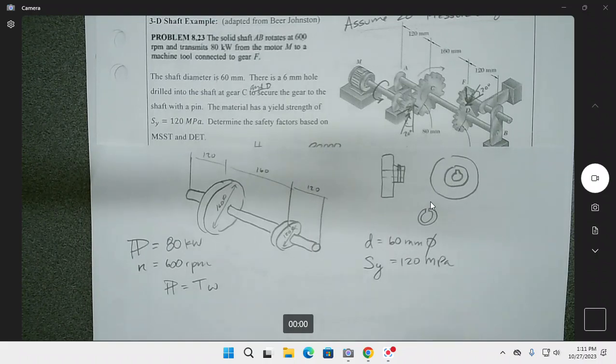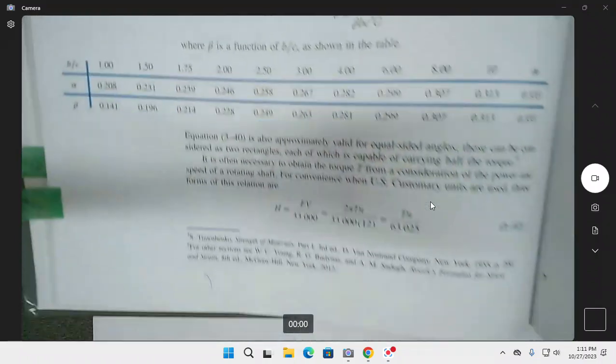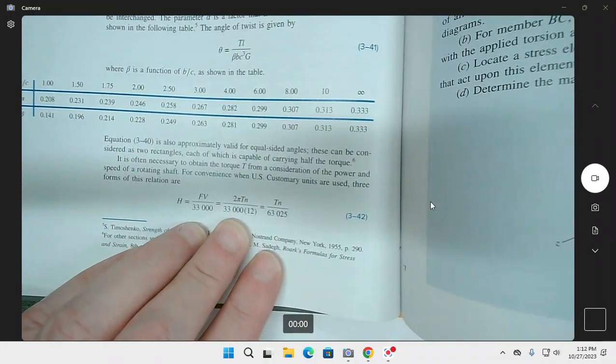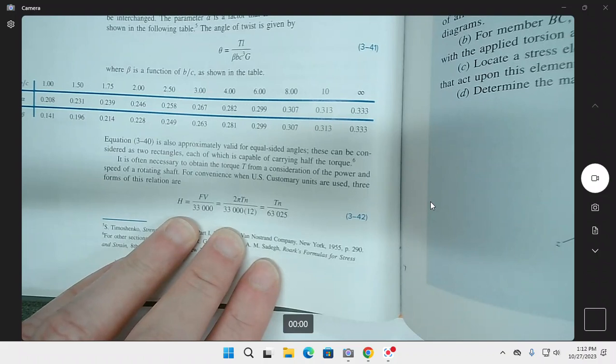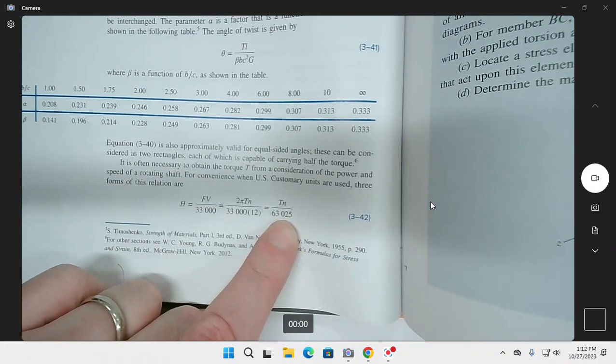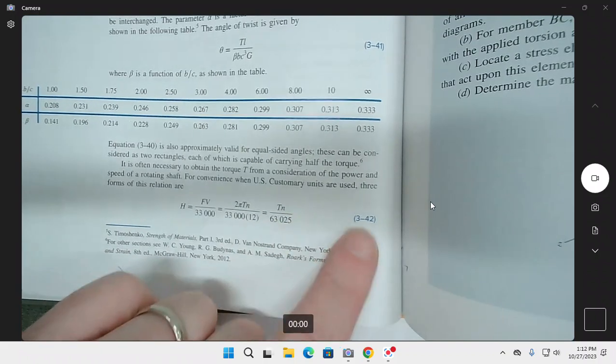If you look into chapter 3, here's the one for the United States, power. And they do the unit conversions to have torque times RPM. But we want SI, which is on the next page.